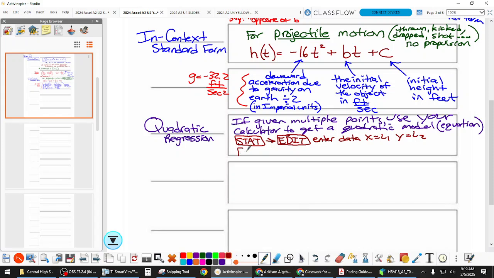And then you're going to hit stat, arrow to the right, and do calc, and then quad reg. That'll get you far enough, I think.